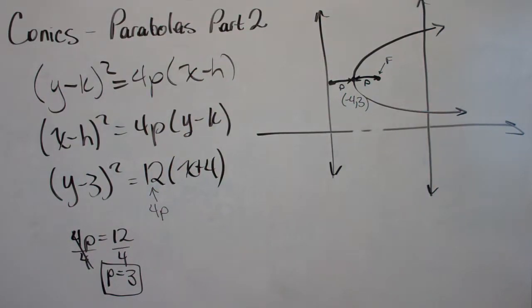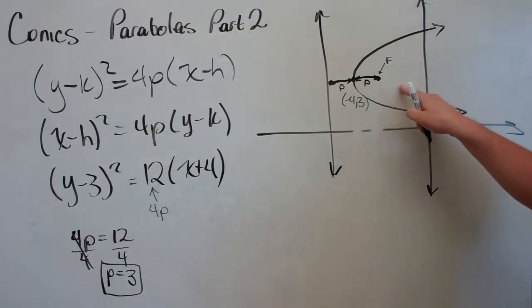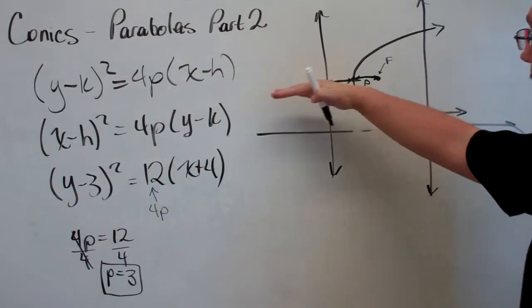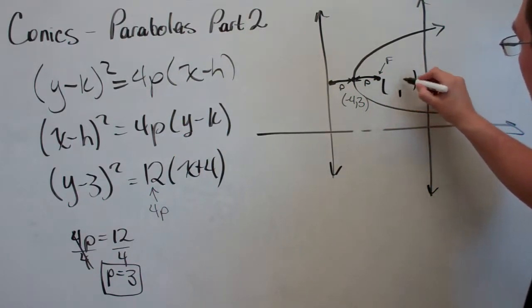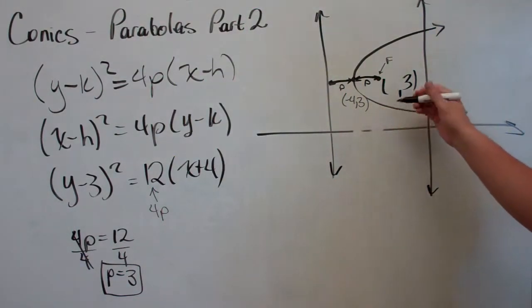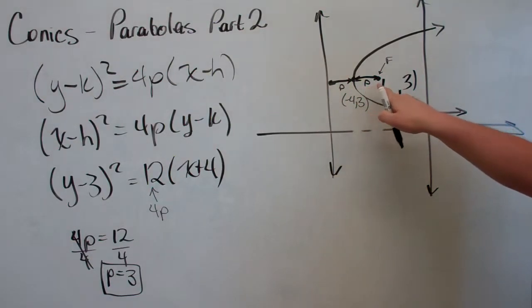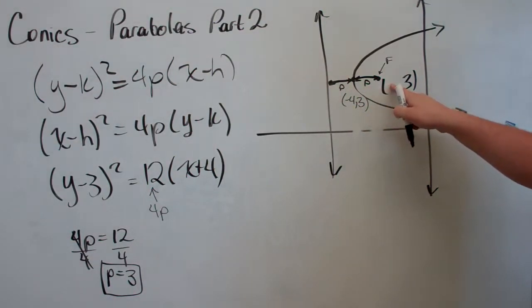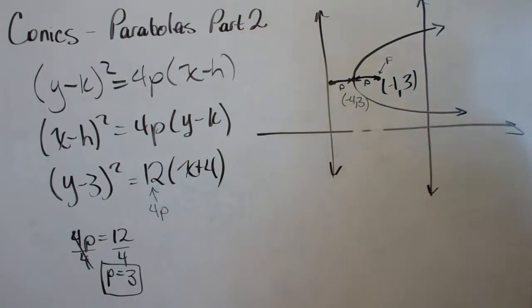Which means our focus point now, since we're moving on a horizontal line, we know our y value is going to be the same. So our y value is also going to be 3 because it's not going to move. But now we're going to take our x point, add p to get our x point for our focus point. Negative 4 plus 3 is negative 1.